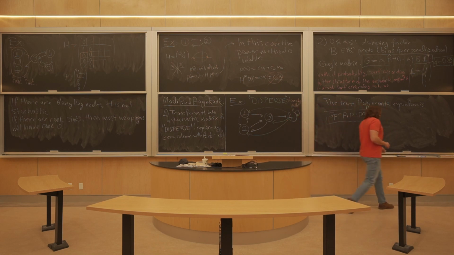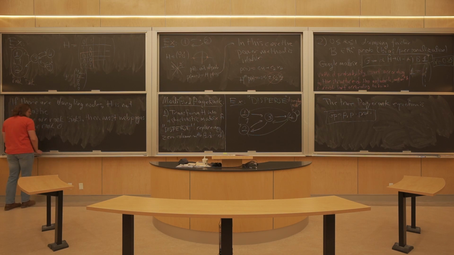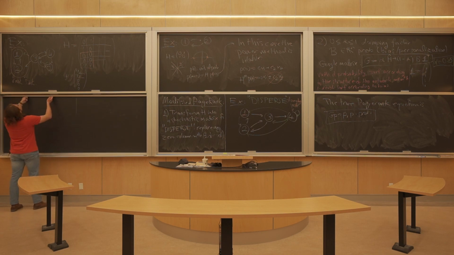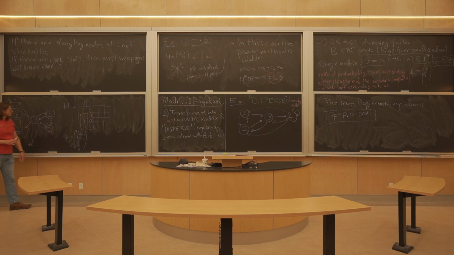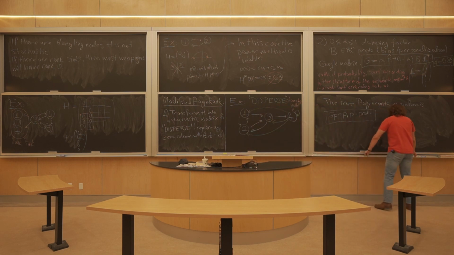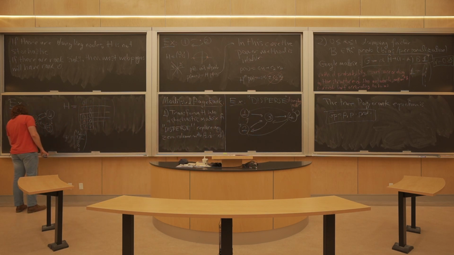So now let's think about an example and where or how I would do this modification. For instance, let's take this example. Let me adjust it a little bit so that it's easier to write.